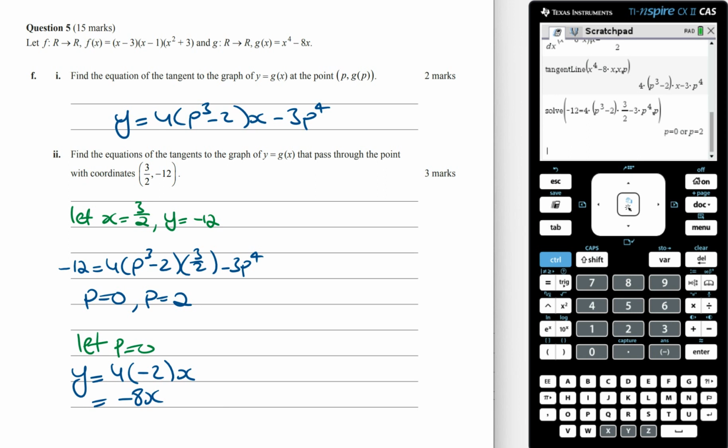And for the second equation, we let p is equal to 2. And so this is going to be y is equal to 4 times 8 minus 2, which is 6, and then x, and then minus 3 times 2 to the power of 4. 2 to the power of 4 is 16, and so this is going to be 24x minus 48.